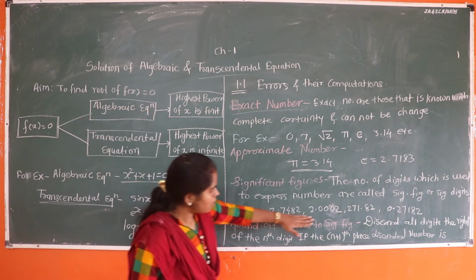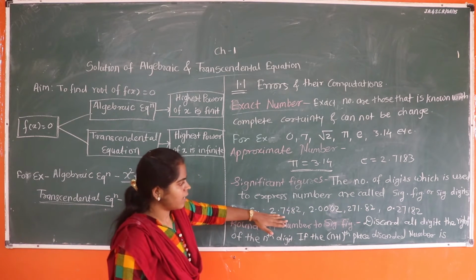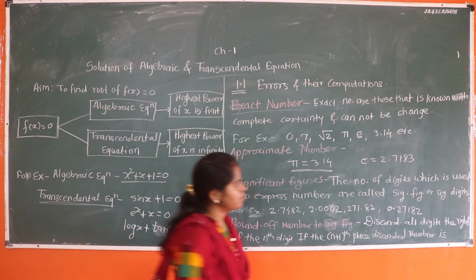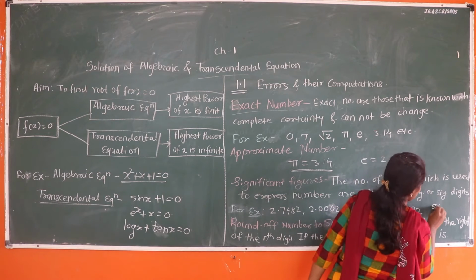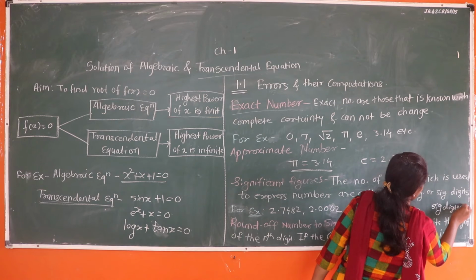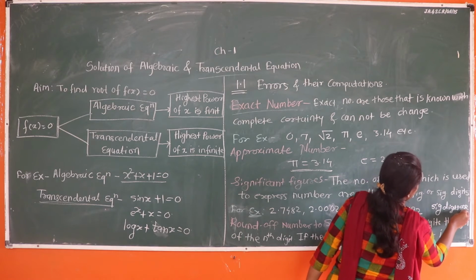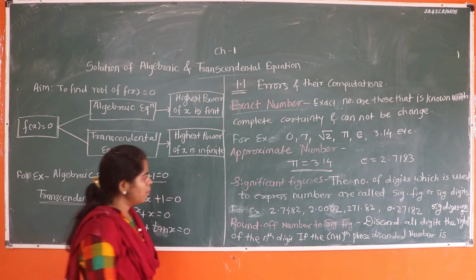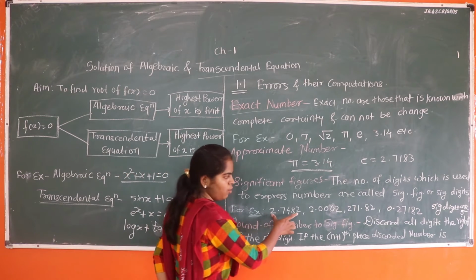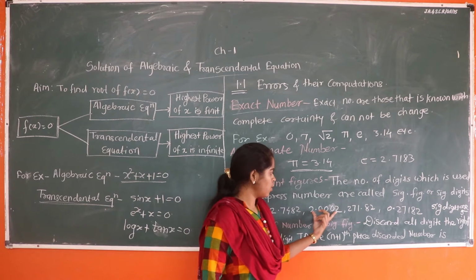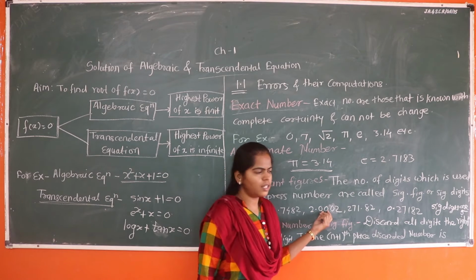So in all these example numbers, the significant figures or significant digits are 5. We count the non-zero digits, but if a 0 lies between two non-zero numbers, then we count this 0 as significant.